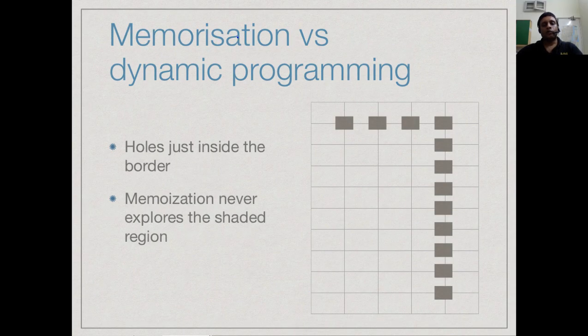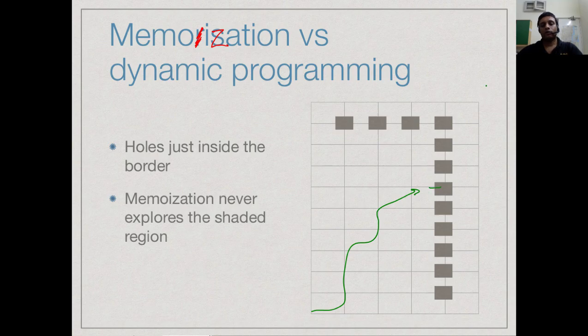So finally, before we conclude, let's look at an instructive illustration of the difference between memoization and dynamic programming. If we have a bunch of holes along the border, then intuitively, if I start from here and go anywhere like this, I'm going to get stuck.